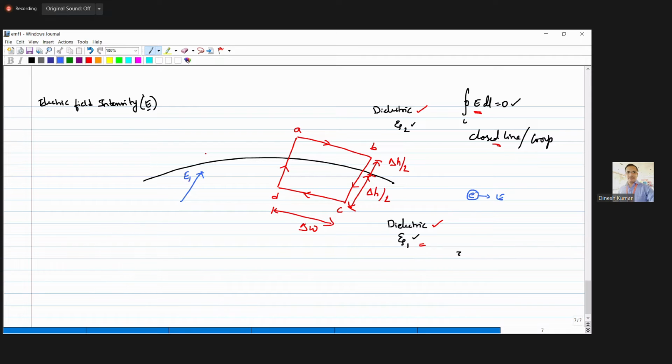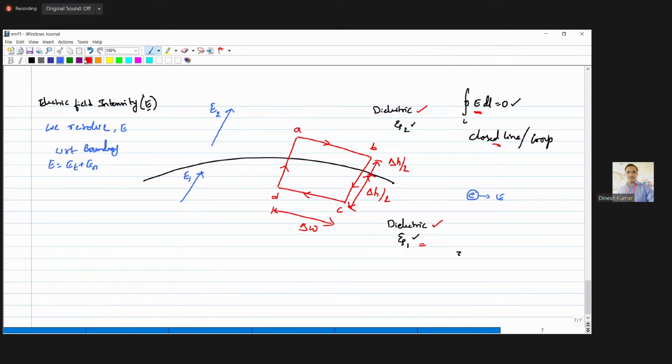After crossing the boundary, it enters dielectric material 2, so here I give the notation E2. We are resolving the components, so we resolve E with respect to the boundary. E will be equal to Et plus En.